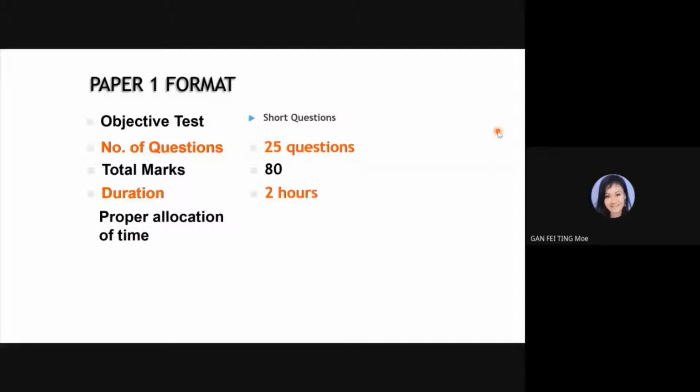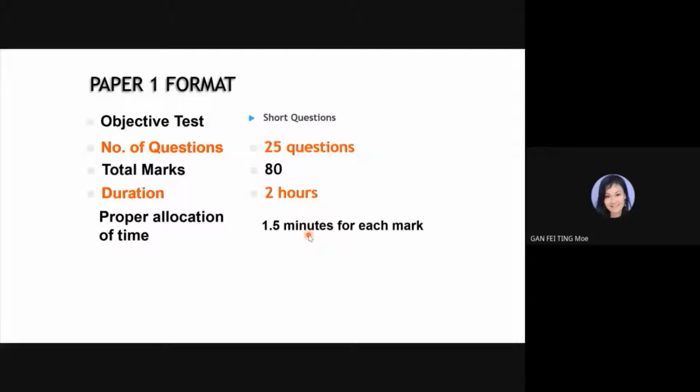This is very important: proper allocation of time, in order for you to solve the questions right on time. Let's say it starts at 10 and ends at 12. At 12 o'clock or before, you should finish the 25 questions. So this is what you should follow. It is 1.5 minutes for each mark. If the question in the bracket is given 2 marks, it means the maximum time you can use to answer that particular question is 3 minutes.